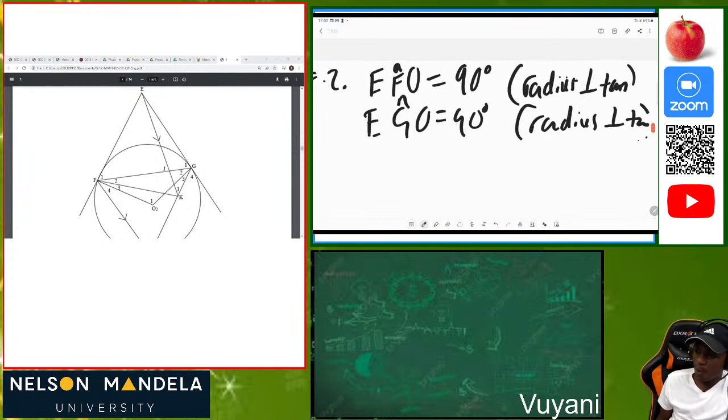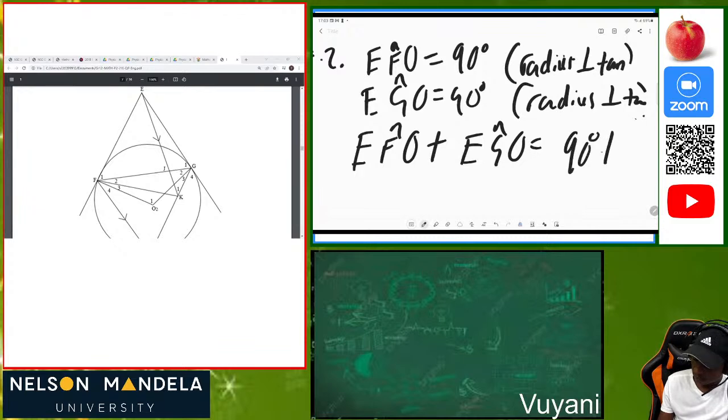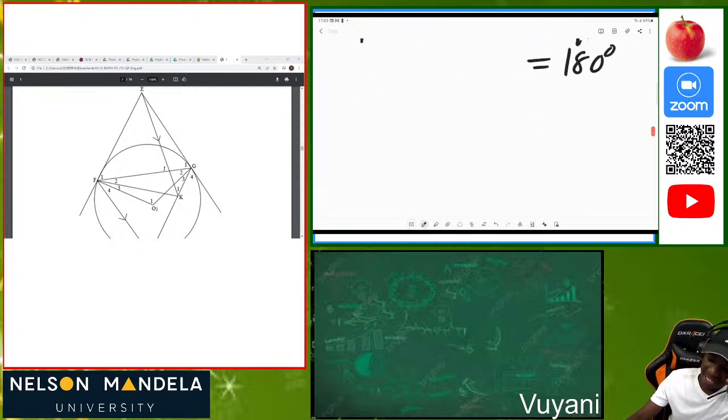Now let's add both of them: 90 degrees plus 90 degrees is 180 degrees. The opposite angles of a cyclic quad are supplementary, they add up to 180 degrees, and we have seen that.